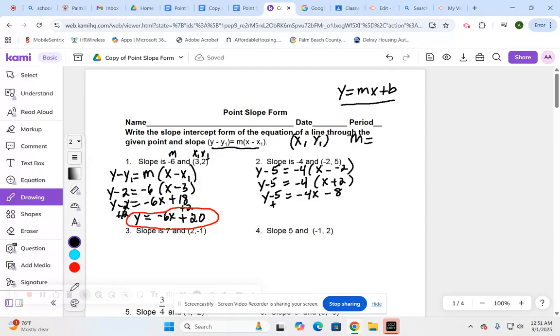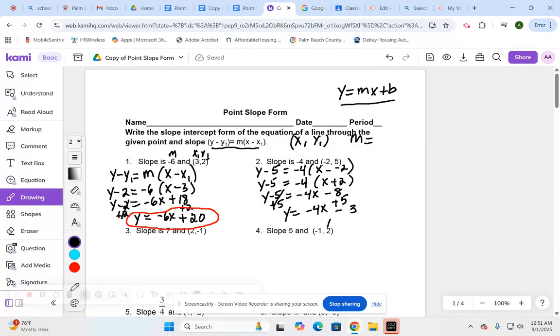We're going to add 5 to both sides to get y by itself. We'll have y equals negative 4x, and negative 8 plus 5 combined gives us minus 3. So our answer in slope-intercept form is y equals negative 4x minus 3.